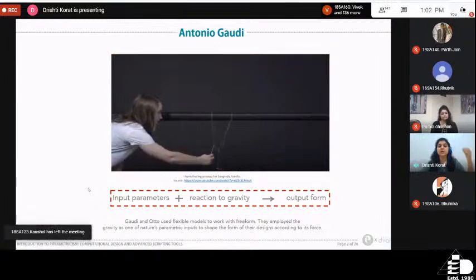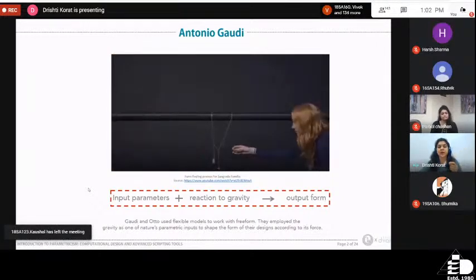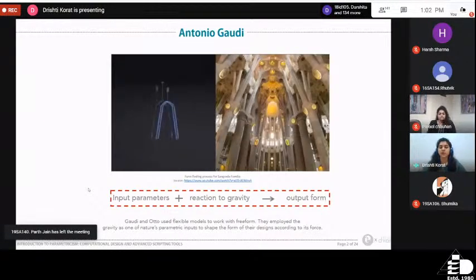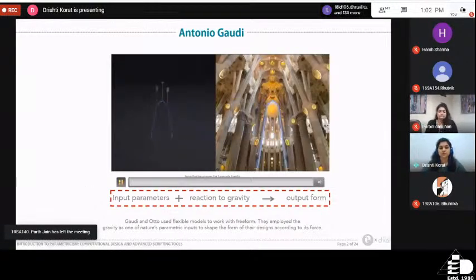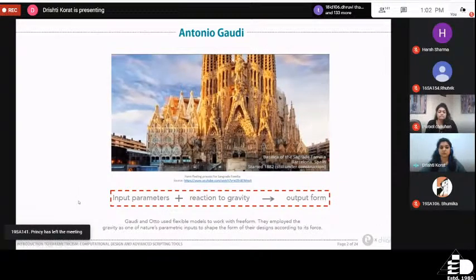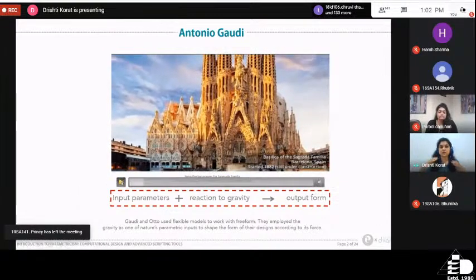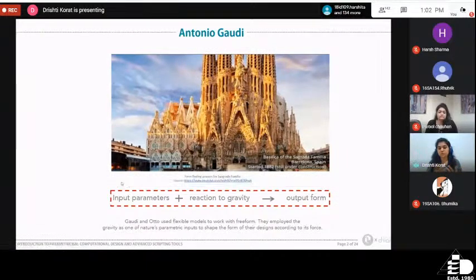So further on, we're able to see, for example, the process that he used with this chain. He started putting weights at different points, and whatever shape resulted was inverted and used for his design. So it was used to design his final form of the arches. We all know that gravity is the major factor that we use to determine if our structures are stable or not.